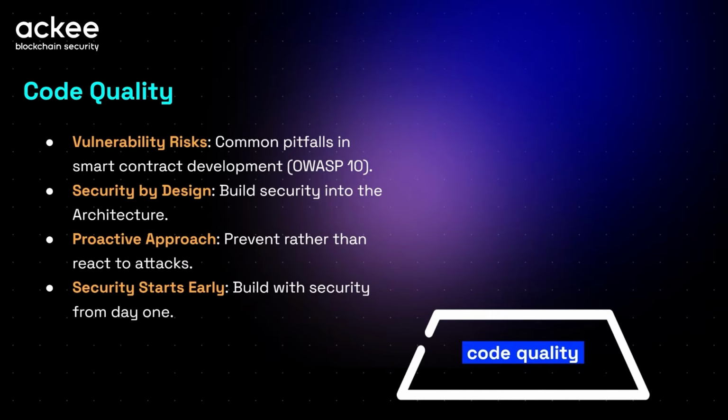Everything from this slide can actually be summarized with one statement, and that is: security starts early. So do not rely on testing, do not rely on fuzzing, do not rely even on audit. Start on your side and learn the best security practices, but also the most common attack vectors.